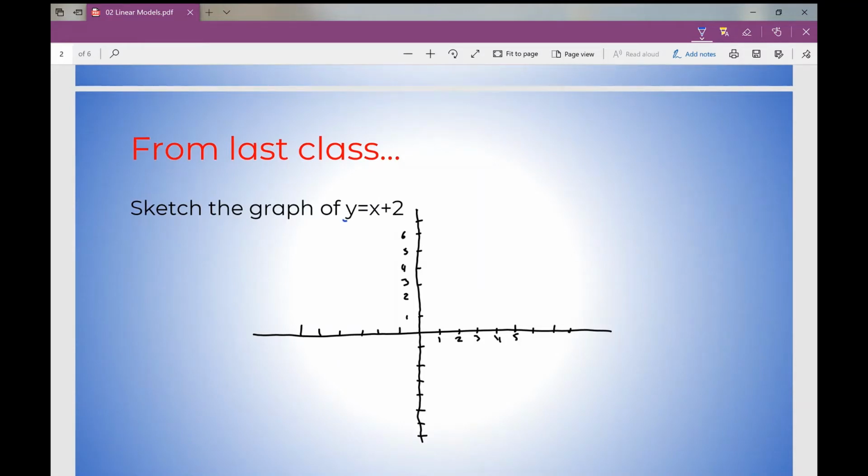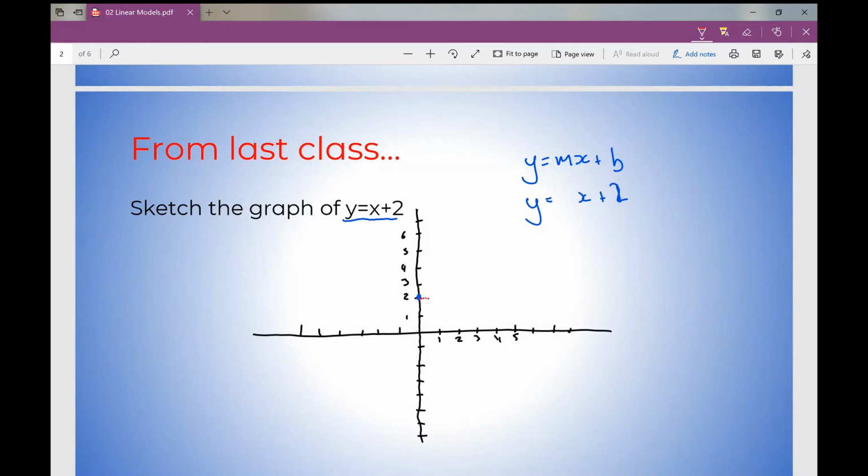So we've got the function here, y equals x plus 2. I'm going to just remind you of the y equals mx plus b method that we introduced yesterday. In this case we have an m of 1 and a b of 2. So our graph is going to go through this point, that's going to be the y-intercept, and our gradient is just 1.